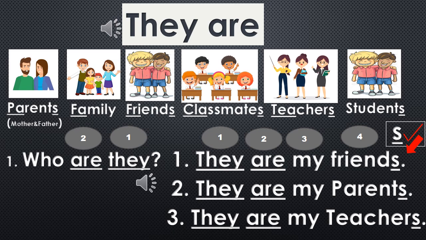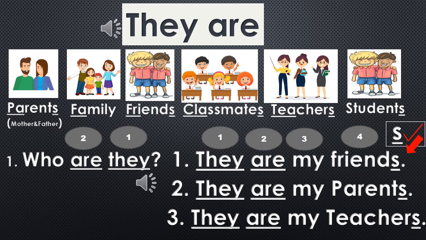Classmates, teachers, students. And remember, if you use they are, always remember to put S at the end of the words. For example, friends, classmates, teachers, students. If only one person, it's student.